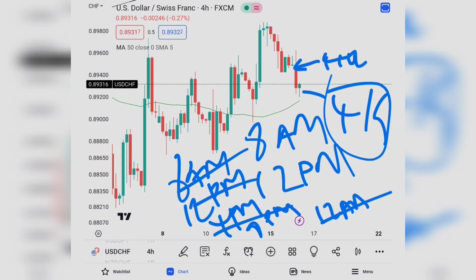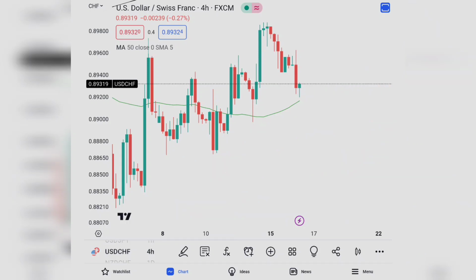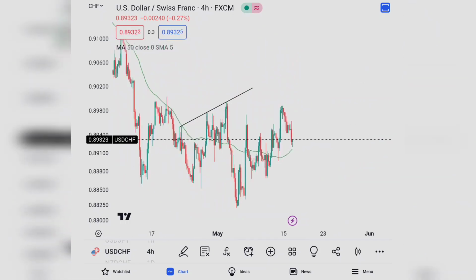Especially if you're a technical trader, basically what you're trying to do here is to check your candlestick patterns, whether they are showing you a reversal candlestick pattern or there's no reversal candlestick pattern. So let me show you here. Remember, if you watch my previous videos, I told you that we use trend lines.